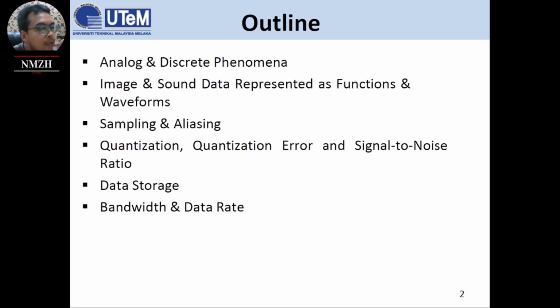So that would be called aliasing. Meaning we cannot gain the original sound or data back again from digitalizing the continuous time signal. Okay, right. So that would be aliasing.